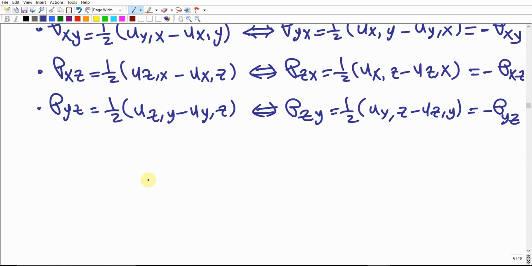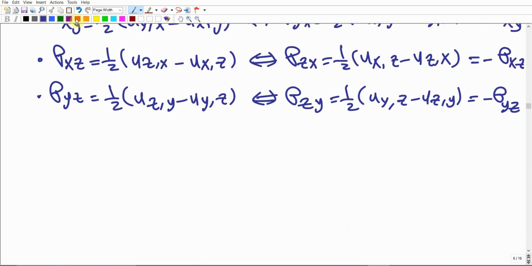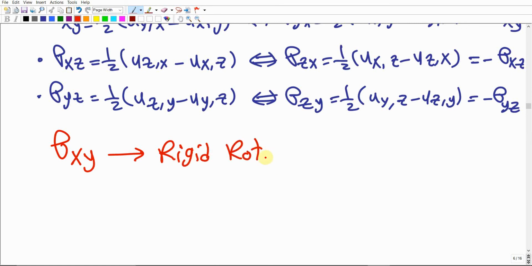Here you should understand that when we say theta xy, this is, to be more accurate, a rigid rotation, because the object is going to be rigidly rotated. This is the rigid rotation of the object about the z-axis.